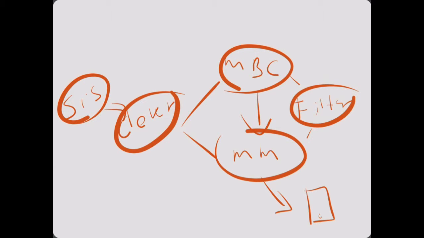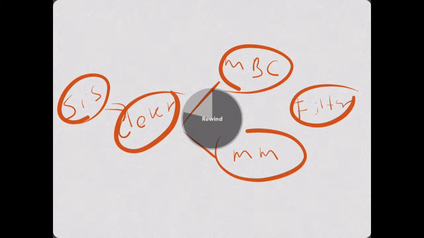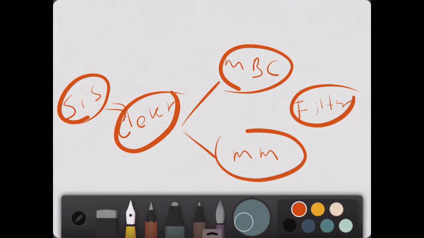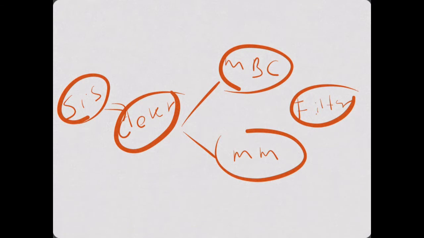Now what we're going to talk through is a similar workflow, right? But in this case, we're going to talk about how MyBigCampus can ask the filter to do something, and then through Mobile Manager affect the device.